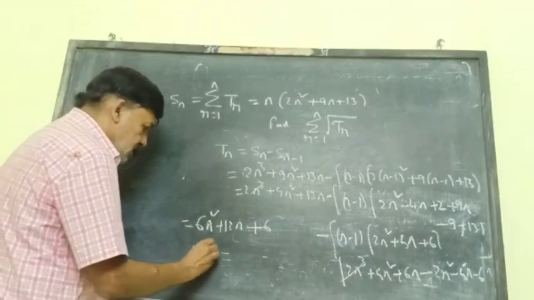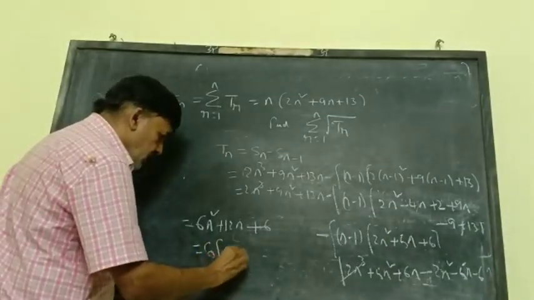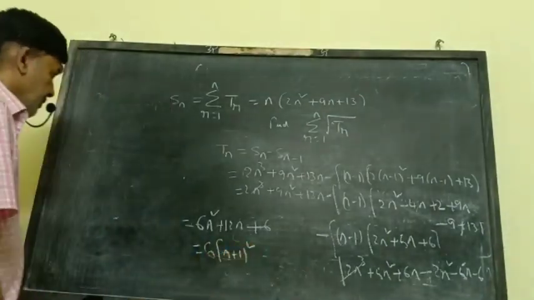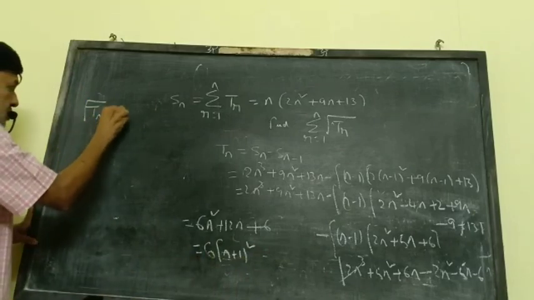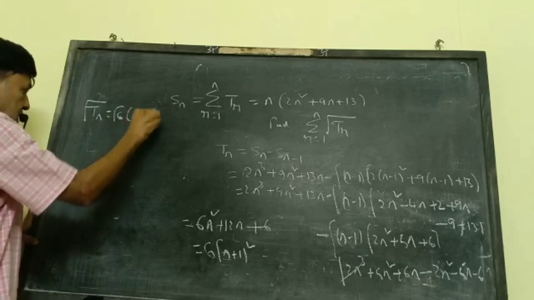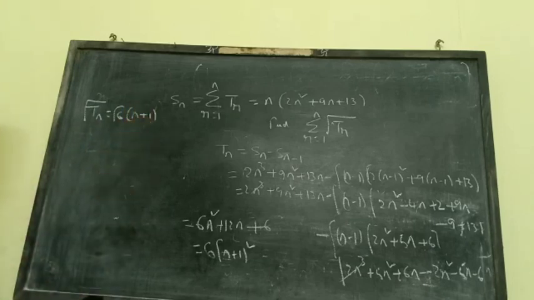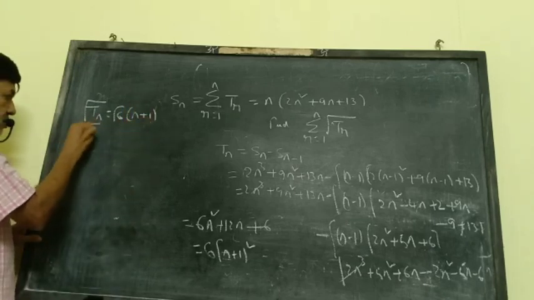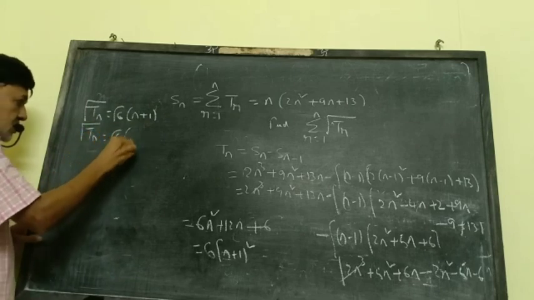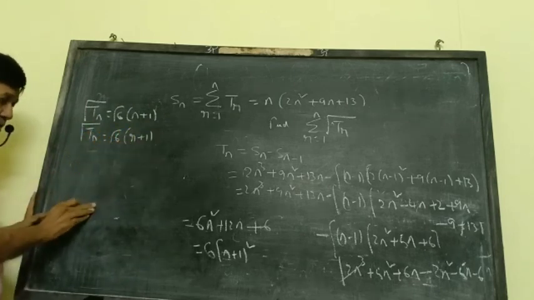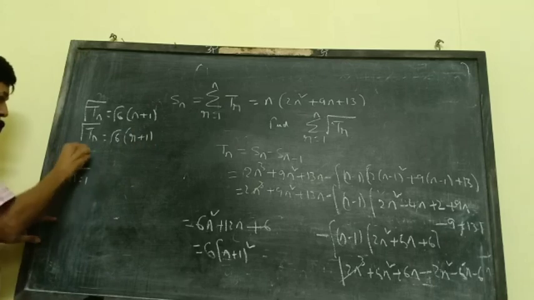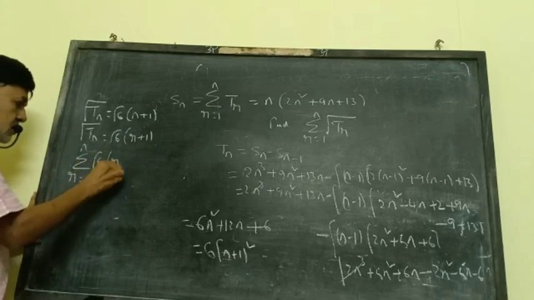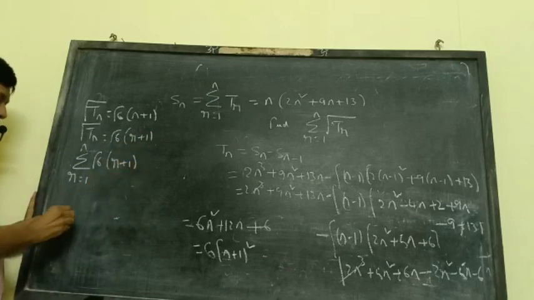So this is 6 into n plus 1 whole square. So what is root of Tn? Root 6 into n. So what is root Tr? Root 6 into r. So sigma r equal to 1 to n root 6 into r plus 1.